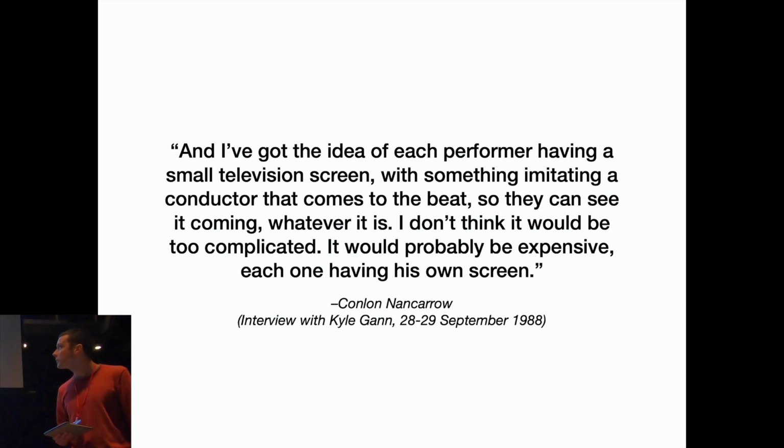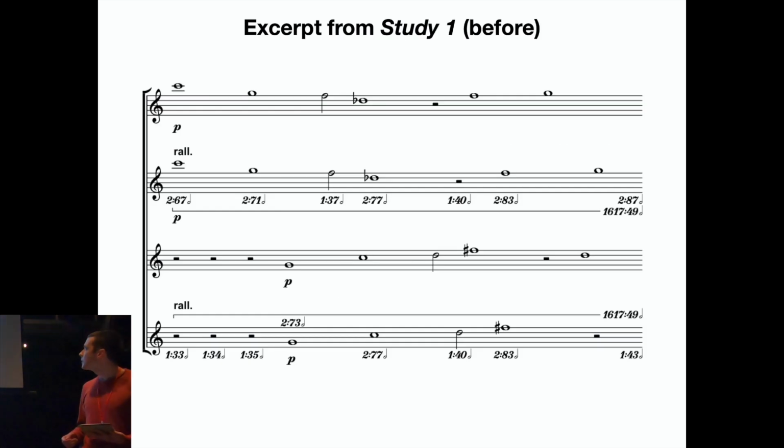So just before we get on to looking at the app itself, I'll show you a few little excerpts from the scores of these pieces so you can see the underlying rhythmic ideas. So here's a little example from this study. Now notice I put "before" in the title at the top.